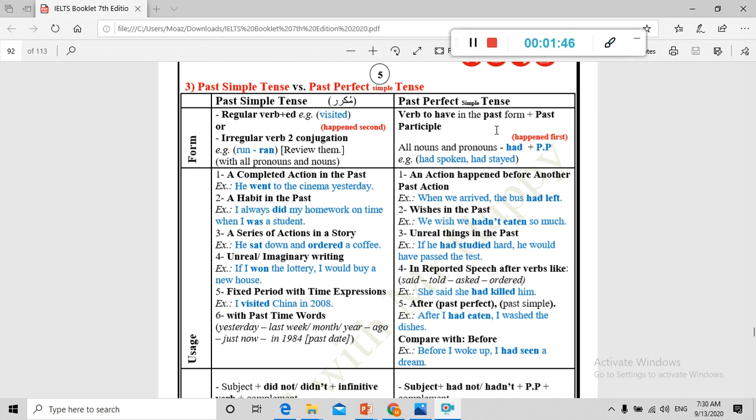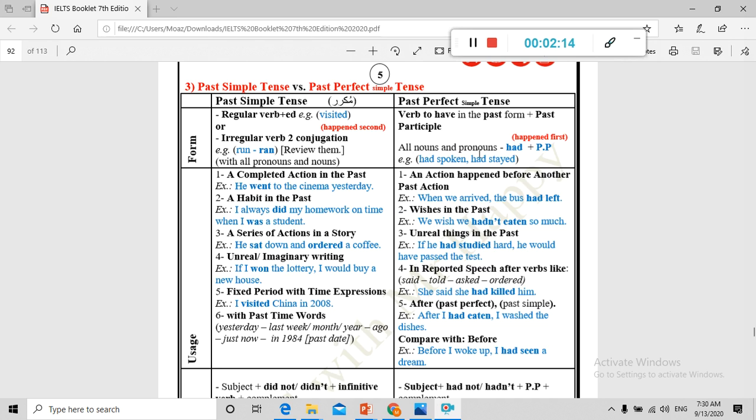Verb 3. I wrote here happened first, and here happened second. This means these two tenses sometimes accompany each other. So when we have two actions in the past, the one which happened first will be in past perfect, and the one which happened next will be in past simple.